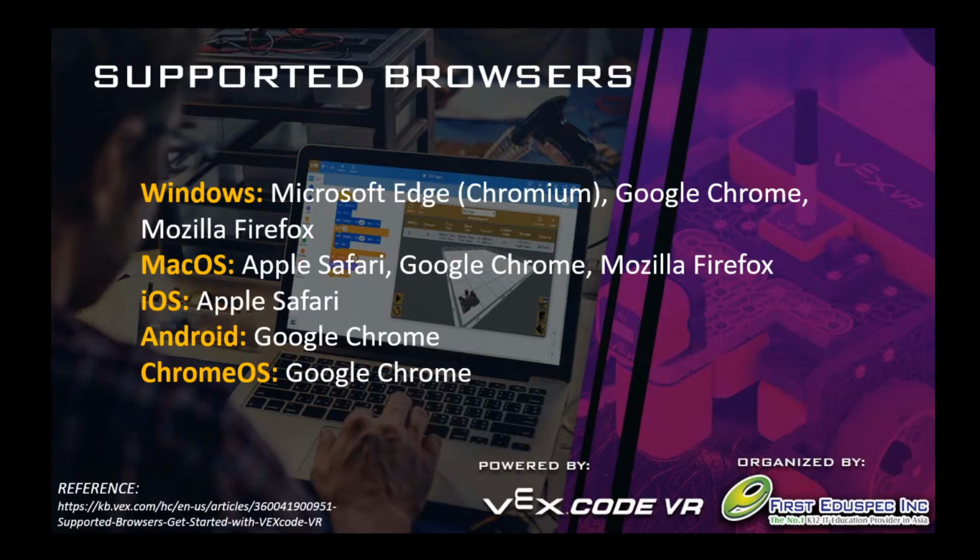What are the supported browsers? Most of you, I think, are using Windows 10, Windows 7, Windows 8, or 8.1. For Windows, you can use Microsoft Edge, Google Chrome, or Mozilla Firefox. For Mac OS, you can use Apple Safari, Google Chrome, or Mozilla Firefox.